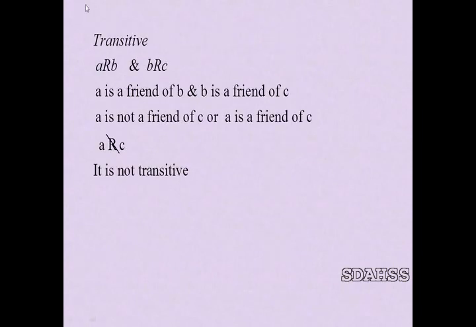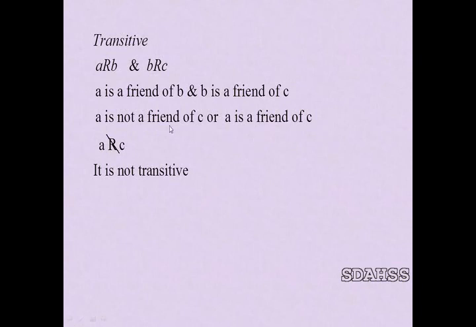Transitive. Transitive means we compare three elements. a is related to b and b is related to c. This means a is a friend of b, and b is a friend of c. But a is not a friend of c, or a is a friend of c.